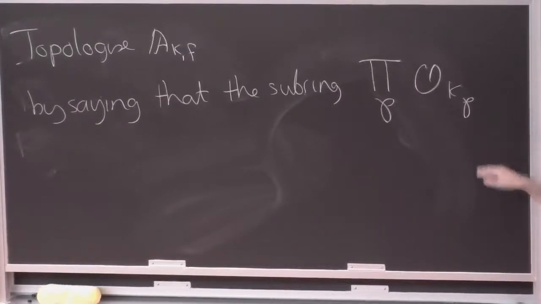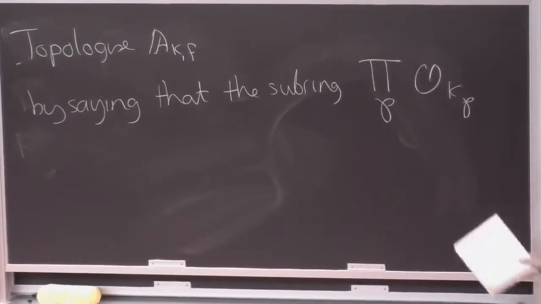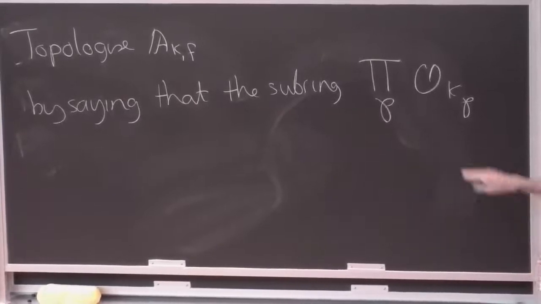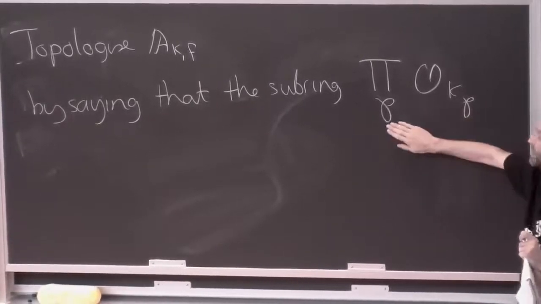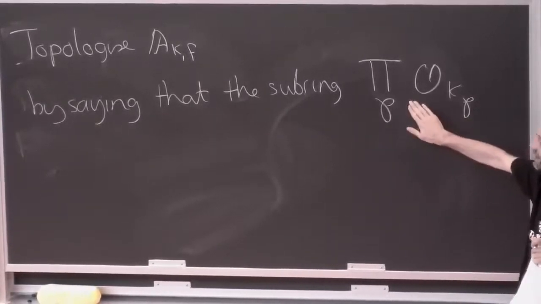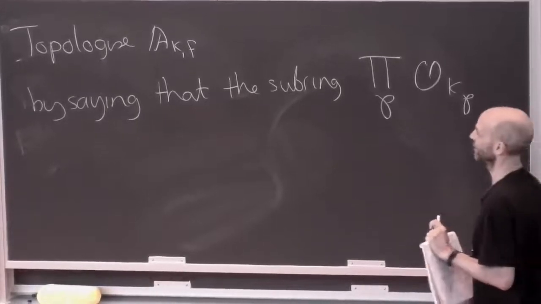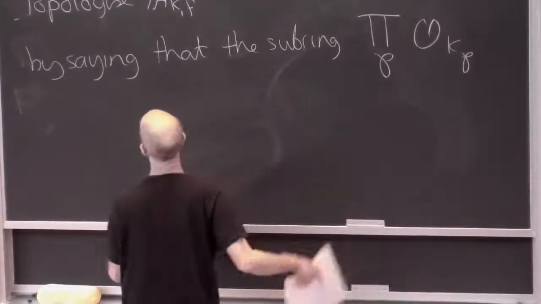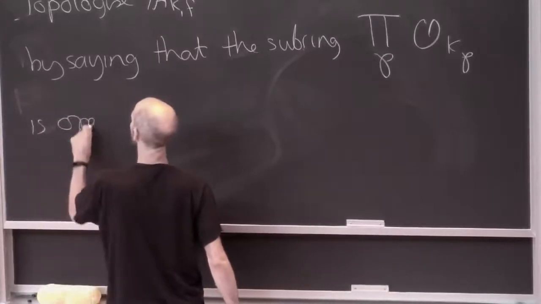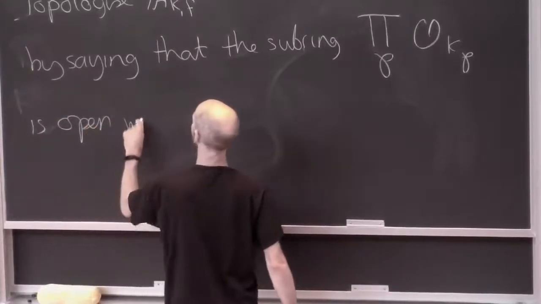That's the set for which S can be empty. And that's a pretty sensible subring. These are compact. A product of compact spaces is compact. So that's going to be a nice compact open neighborhood of 0 if it's got the normal topology and if it's open. So let's just demand that. Let's say the subring is open with the usual topology.